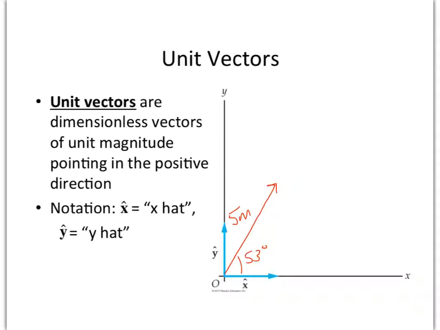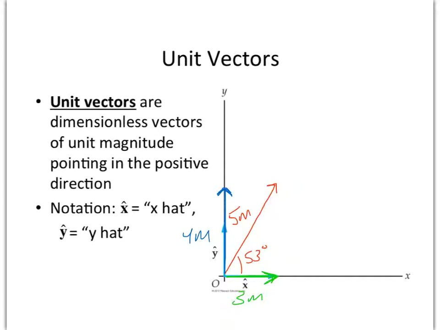The reason I drew it at that length and angle is because that creates what we call a 3, 4, 5 right triangle. So the y component and the x component are going to be 4 and 3 respectively. Our x component is 3 meters, and the y component is going to be 4.